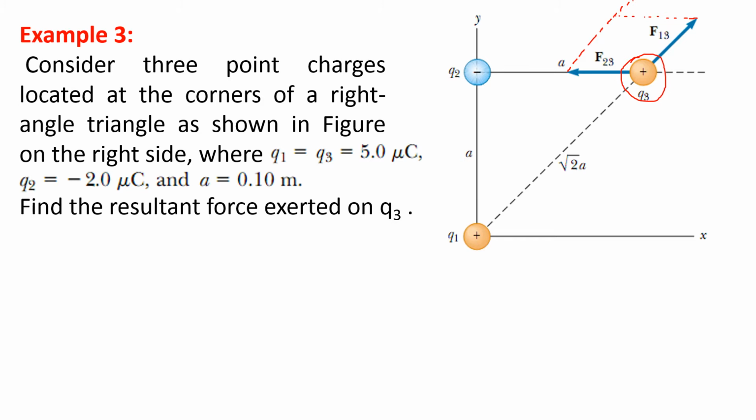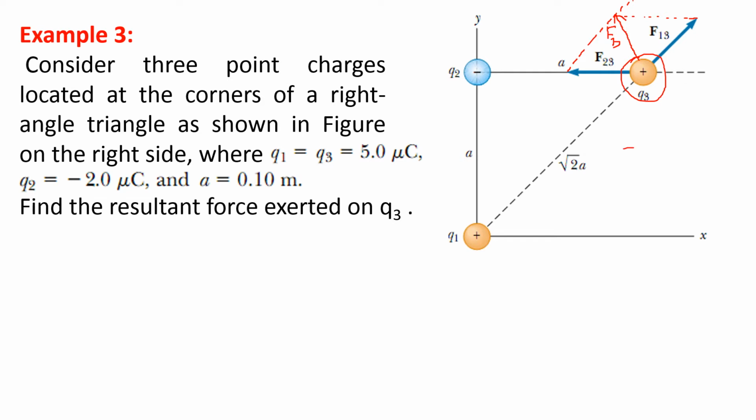Then the resultant force is a force which has its origin on charge Q3. It is a force which is oriented in such a direction. Then this is the resultant force on charge Q3 due to charge Q1 and charge Q2.